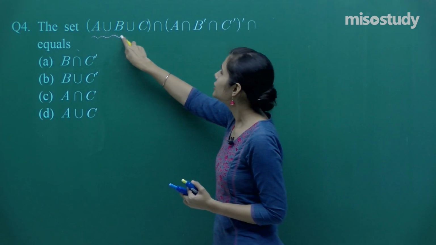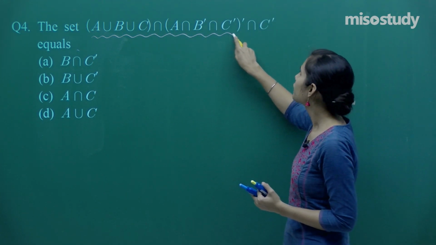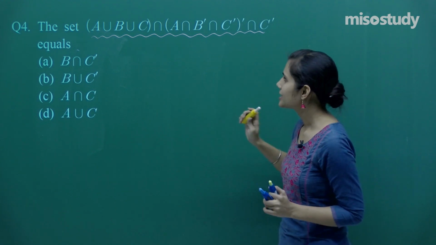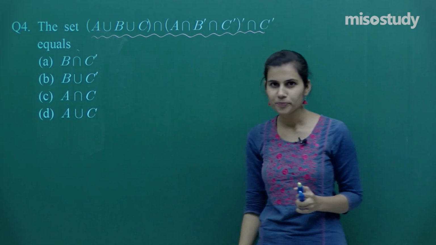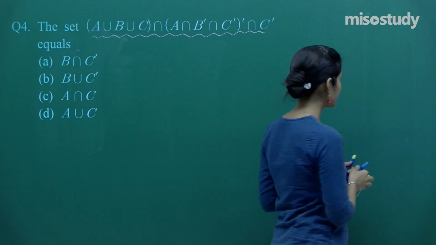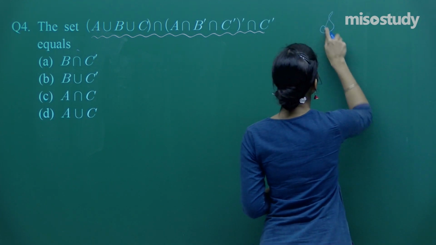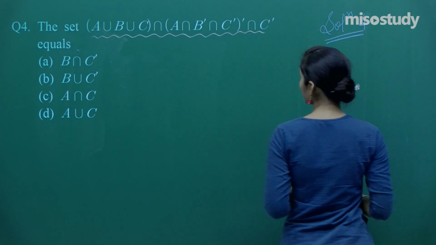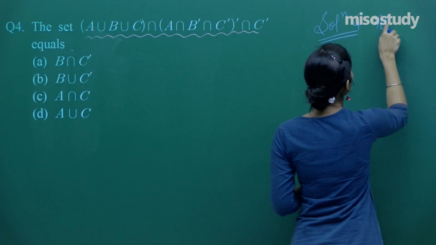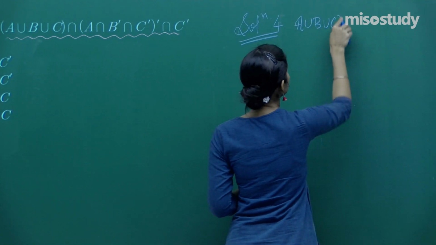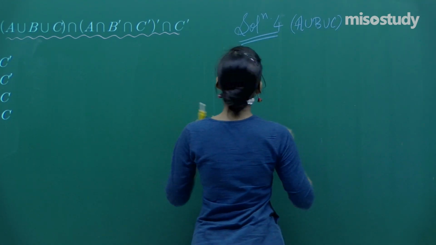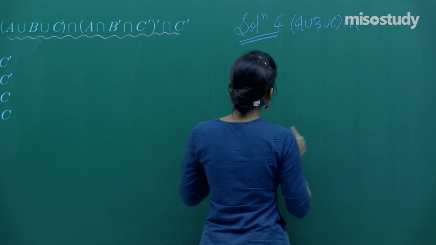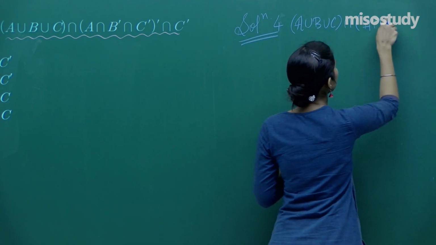But we need to understand what this difficult expression actually comes out to be, because it is asking what it is equal to. Let us try and solve this. The expression that we have is A union B union C intersection A intersection B complement intersection C complement.